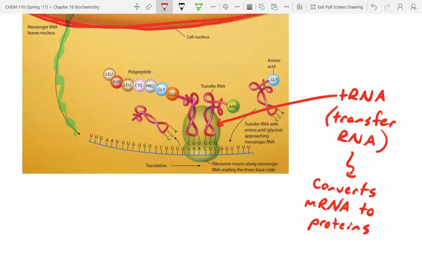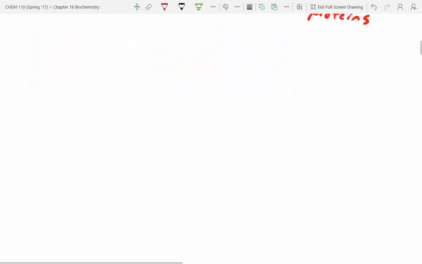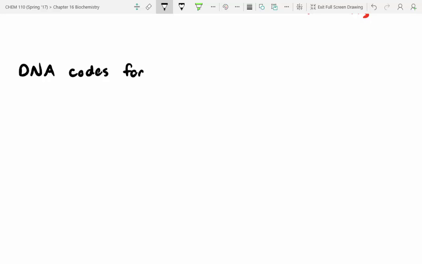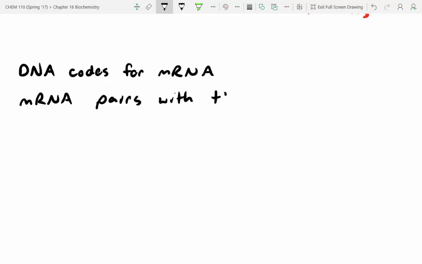So let's take a look at kind of what's going on here. We'll do kind of a game. So DNA codes for mRNA. mRNA pairs with tRNA.